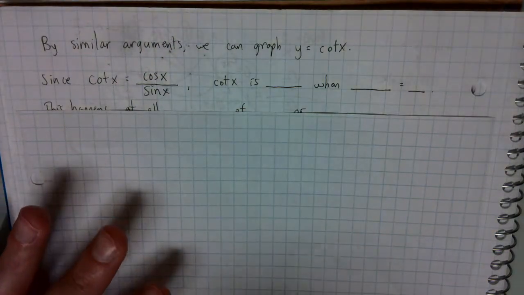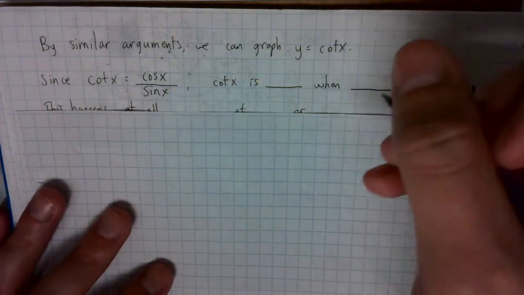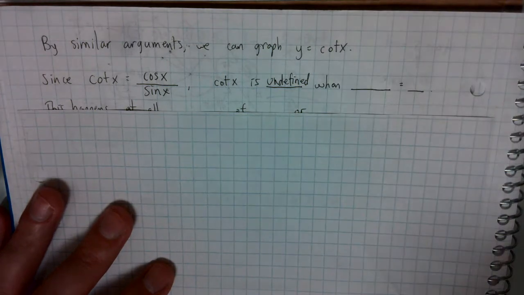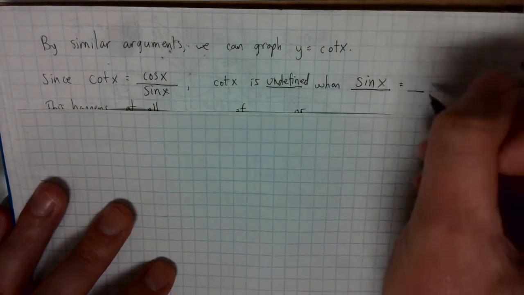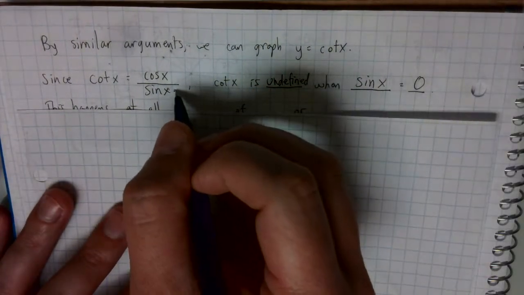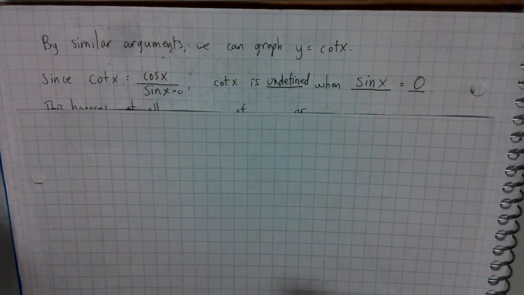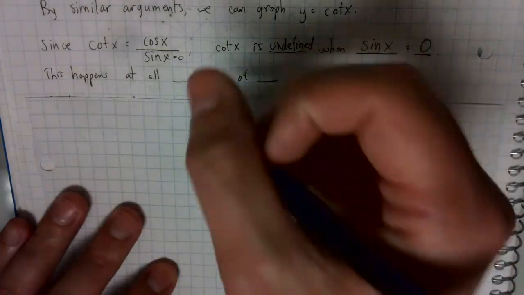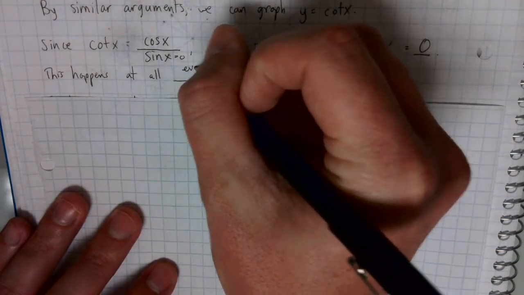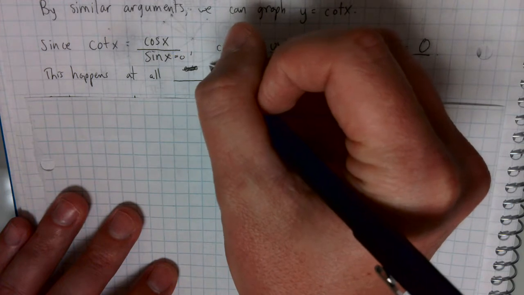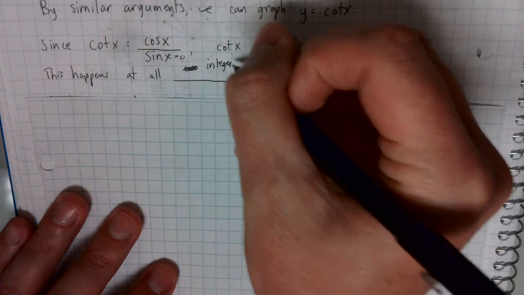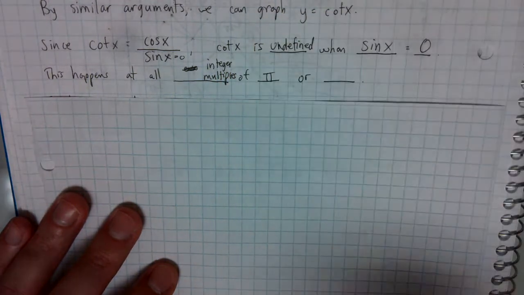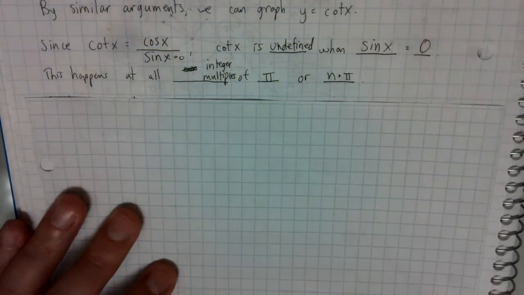So cotangent now has the cosine on top, and this will be undefined whenever the sine function is 0. If you have 0 down here, you're dividing by 0, which is not possible in mathematics, so it's undefined in that case. And this happens at all of the integer multiples of pi, or how we'd write that is n times pi.